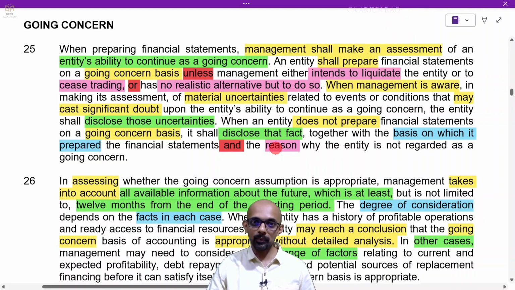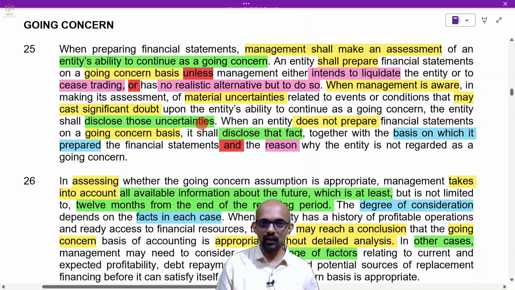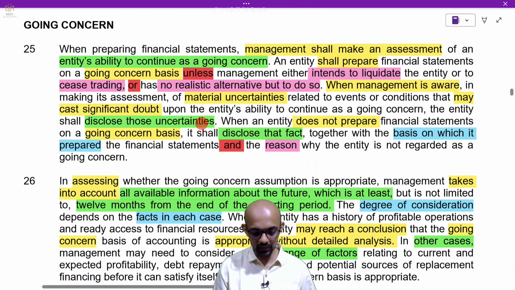If we are preparing on a going concern basis, but we feel that there are some material uncertainties relating to events or conditions that may cause significant doubt on the entity's ability to continue as a going concern, then we disclose those uncertainties. This paragraph can be expressed in the form of a chart.